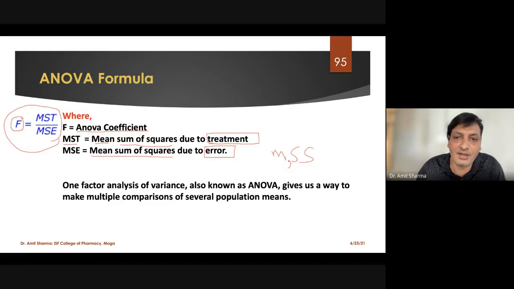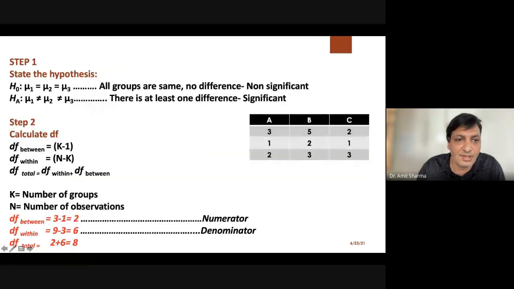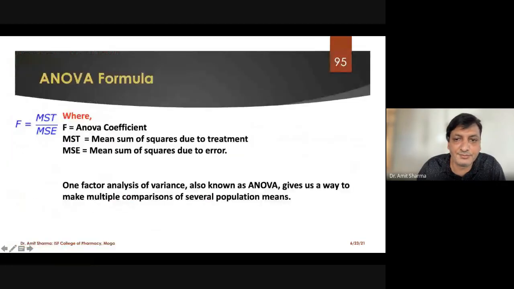Instead of treatment, we are using within, and one more term we have, which is between. Both are similar, there is no difference, only the writing style is different. So instead of treatment, they write within, and instead of error, they write between.